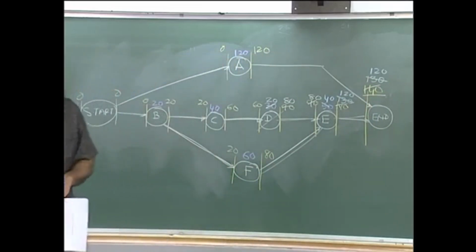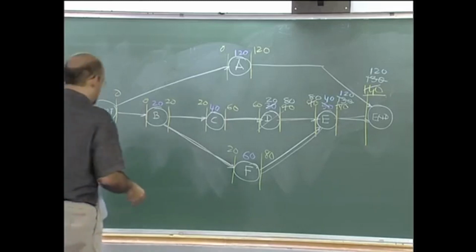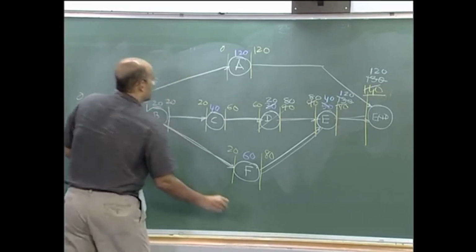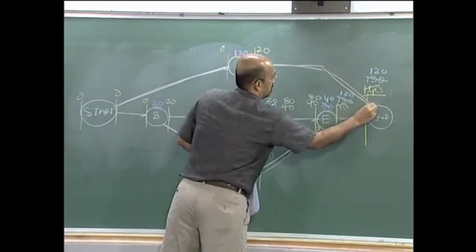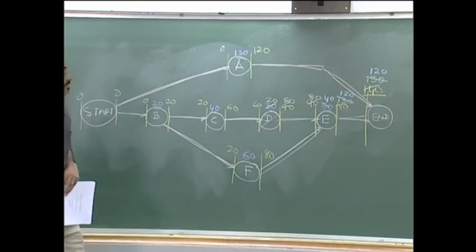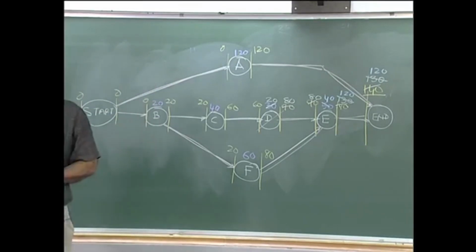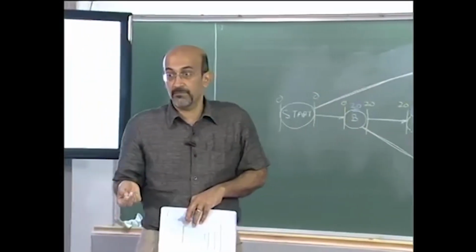Activity A has also become critical. So now all three paths are critical, and any further crashing will require A also. A being independent of everything else, it has to be part of all other combinations.